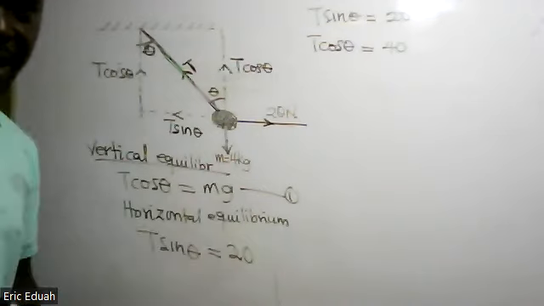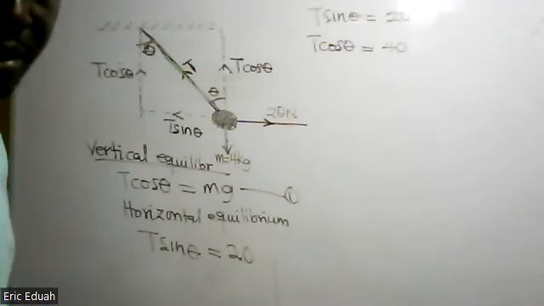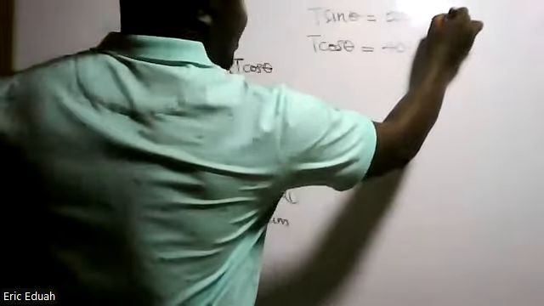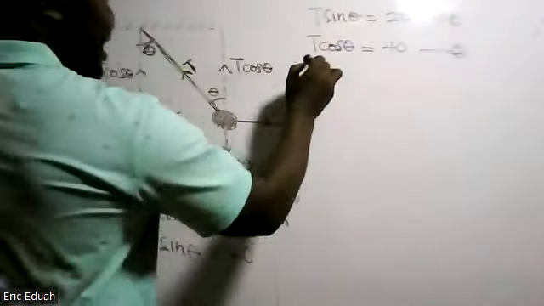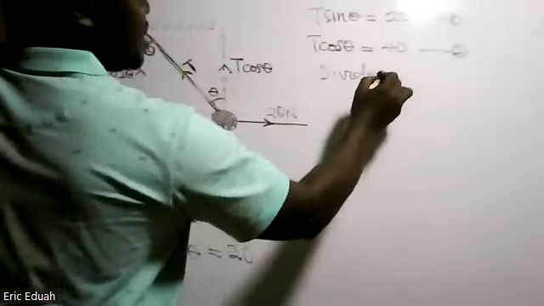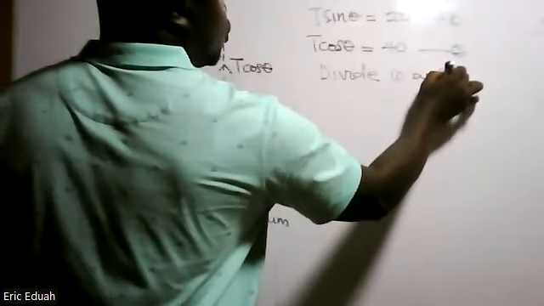Are we fine with what I've done so far? Yes. Good. Now, this is 1, this is 2. Divide equation 1 by equation 2.